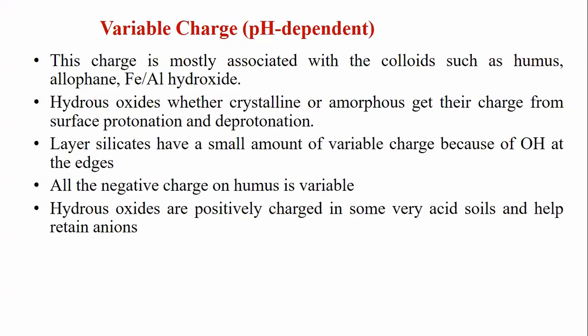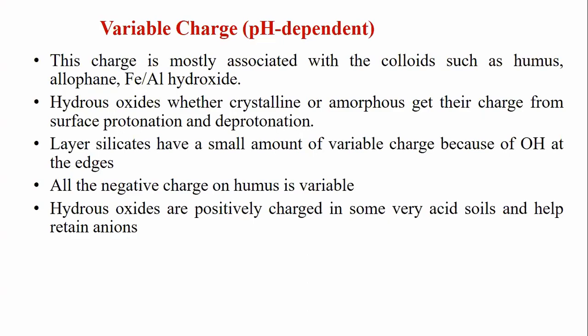pH dependent means once the pH is changing, the charges also may be changed. That is the variable or the pH dependent charges. This charge is mostly associated with the colloids such as humus, allophane, and the iron and aluminum hydroxides.